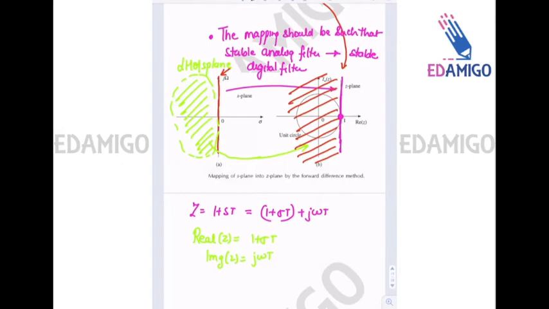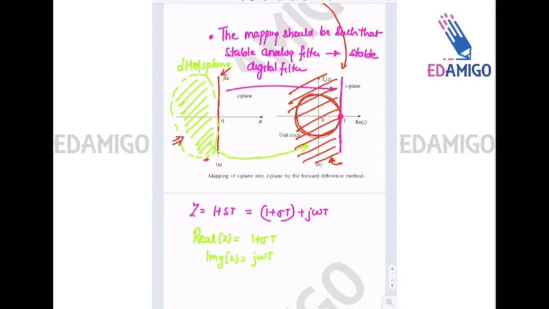This whole green part is stable for the analog filter, but this red region where the mapping takes place is not stable for the digital filters. It is stable only inside the unit circle.